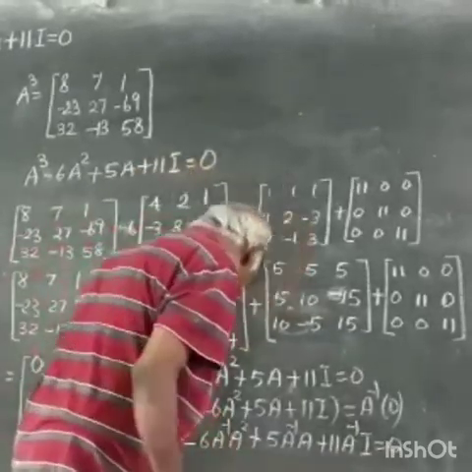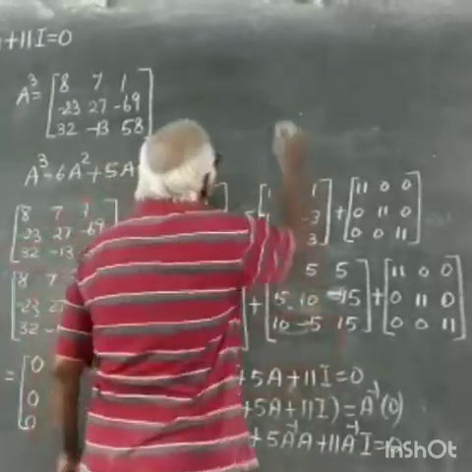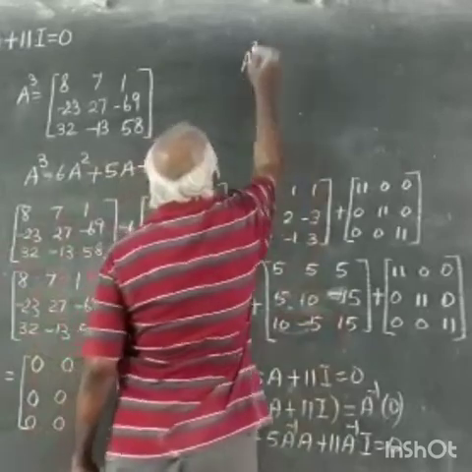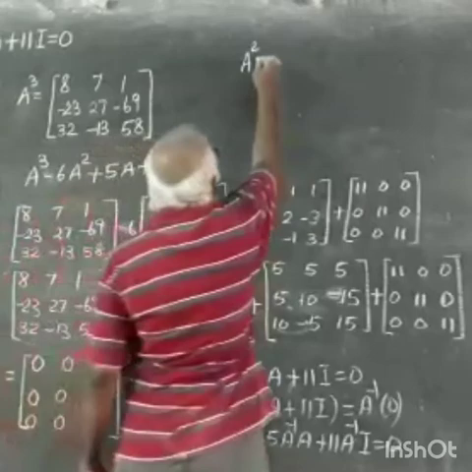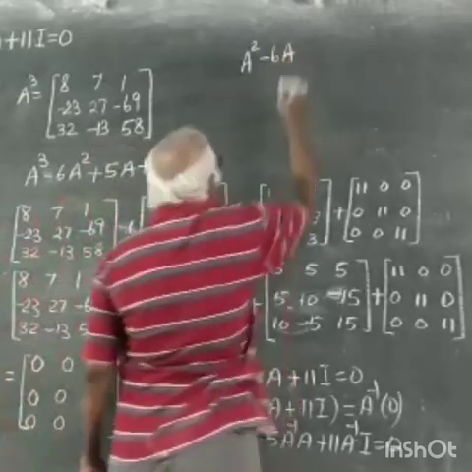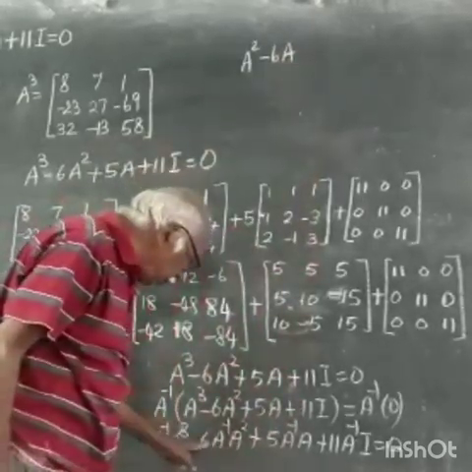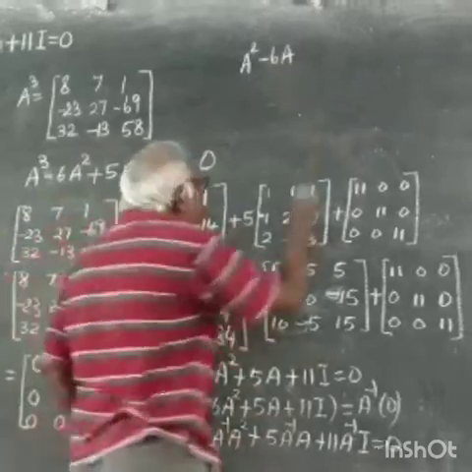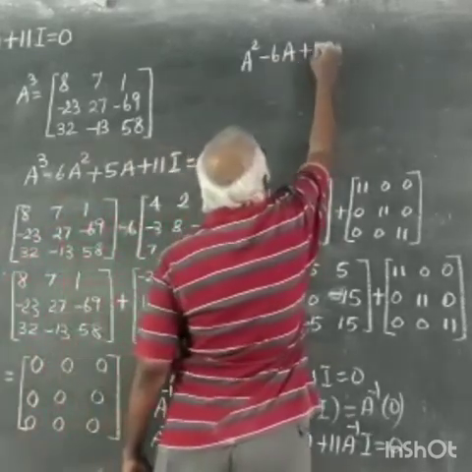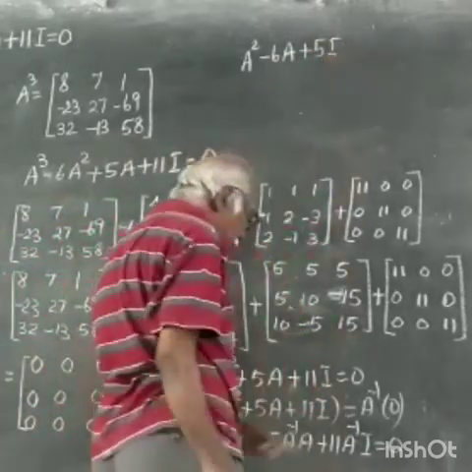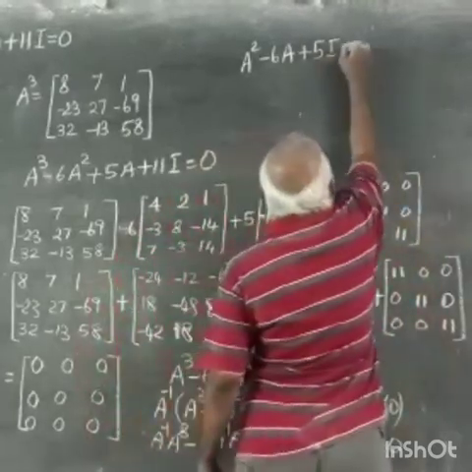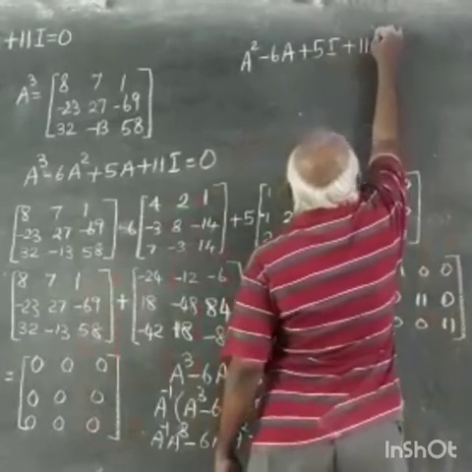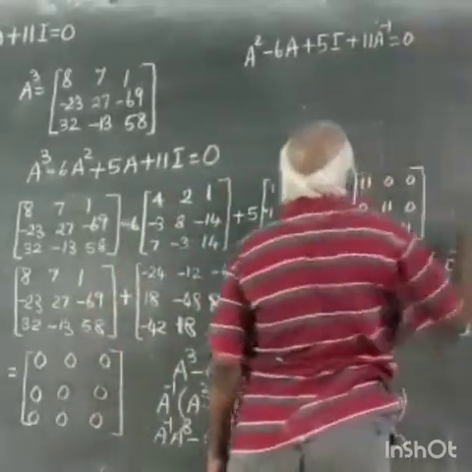That is equal to A square minus 6A plus 5I plus 11 A inverse, equal to null matrix, 0.